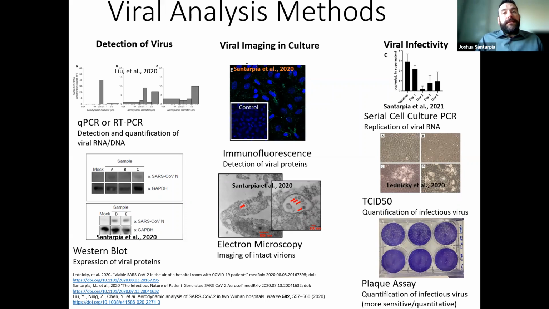Western blot protein analysis, these are common. Immunofluorescence microscopy, I've got a couple examples from our own work. Electron microscopy, again, I think everyone likes to see the thing they're looking for, and I think that's why microscopy is so pervasive even now, even though it's not ultra specific.